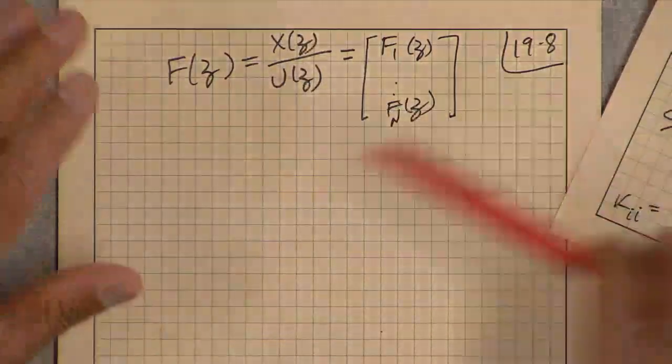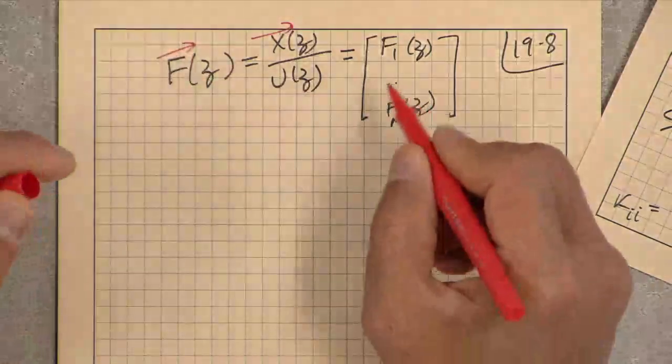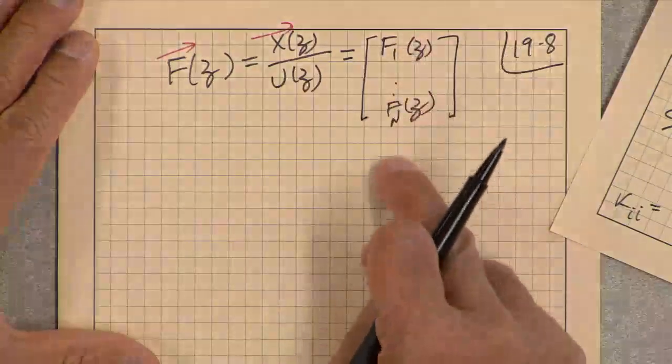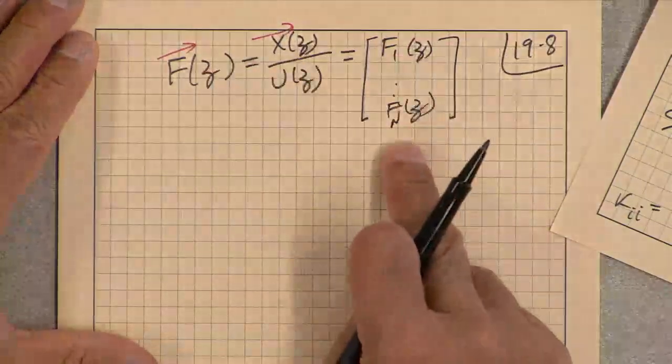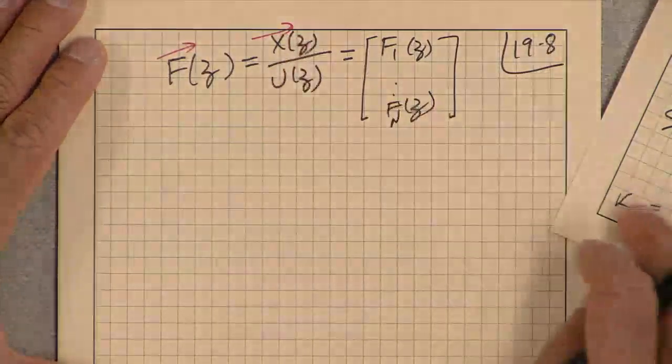I'm not really representing that here, but you should think of these as vectors. So F1 is the transfer function from u to x1, u to x2, etc.